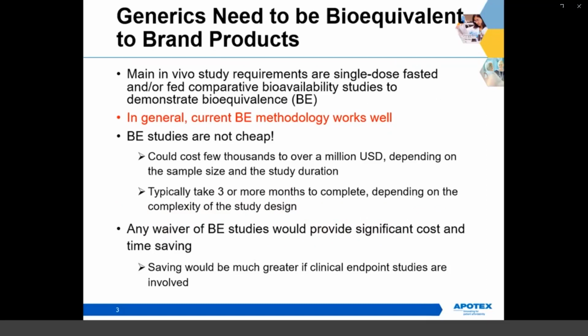They could cost a few thousand to over $1 million USD, depending on the sample size and the study duration. They could take 3 or more months to complete, depending on the complexity of the study design. So any waiver of BE studies would provide significant cost and time savings. And the savings would be much greater if clinical endpoint studies are involved.